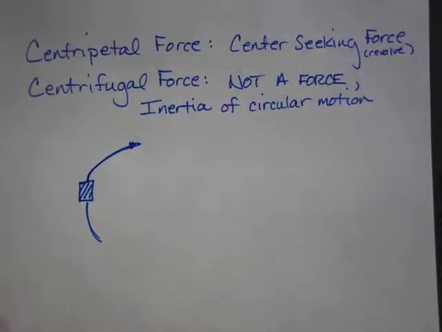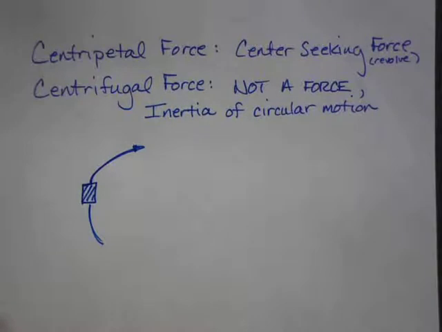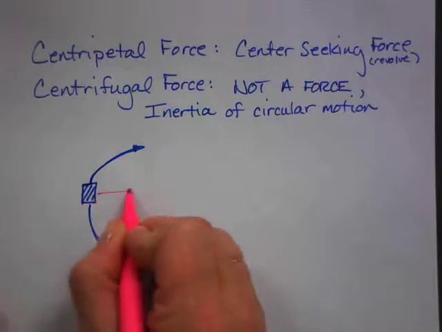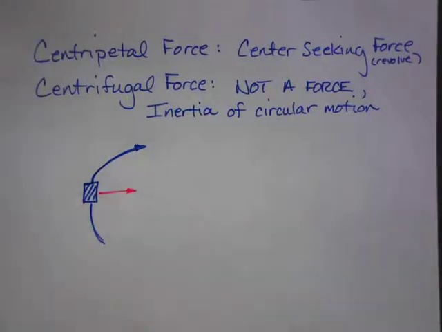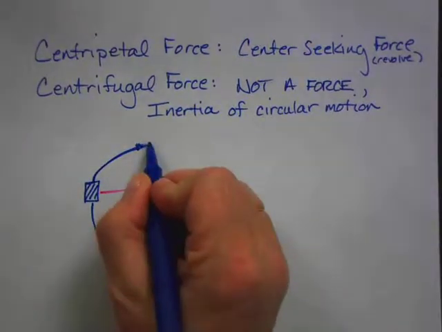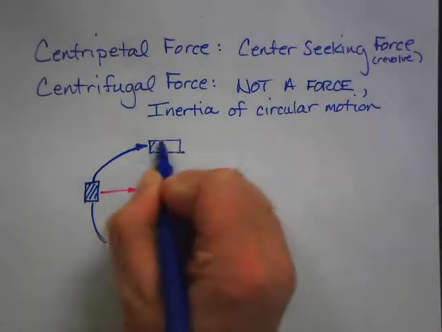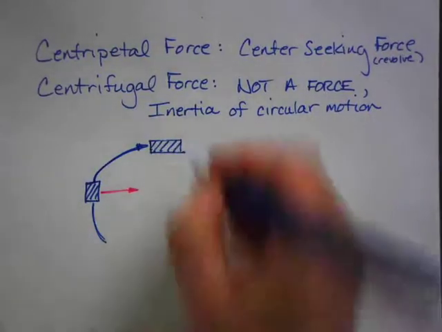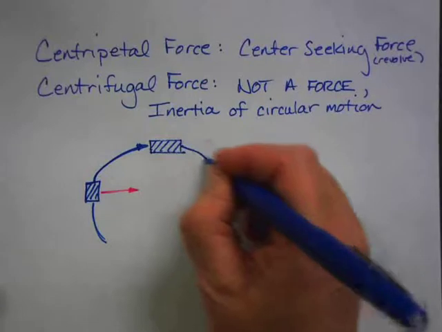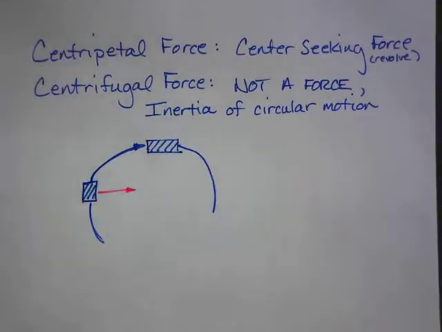The center-seeking force would be pulling in which direction at this point? Point the direction of the center-seeking force. Good. Toward the center of the circle, which is toward the window, right? When the car is right here at the top of this circle, which way will the center-seeking force be acting?